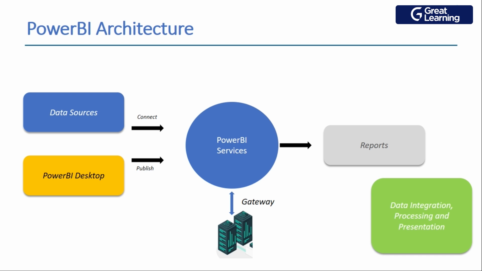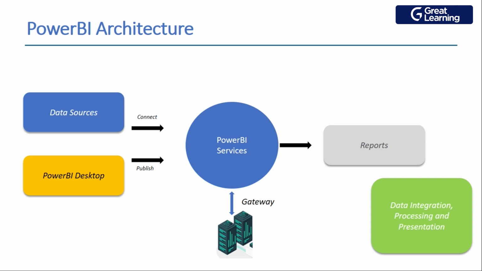So when you talk about the Power BI architecture, we are not going to get into the complications of how the architecture works in detail, but there are 3 important pointers that you need to understand, and you can see those pointers at the right bottom corner of this slide, where we've talked about data integration, processing, and presentation of information.